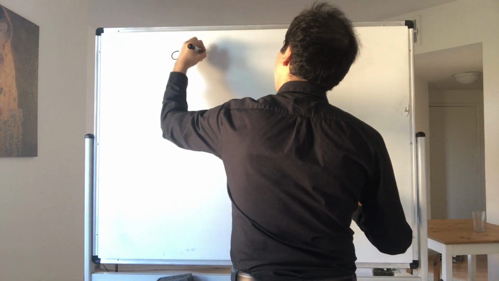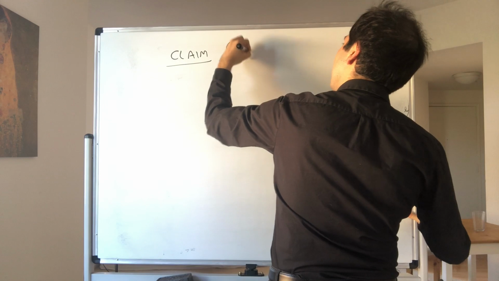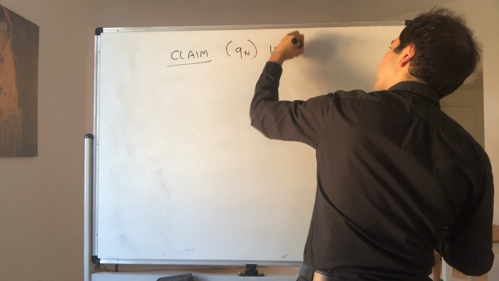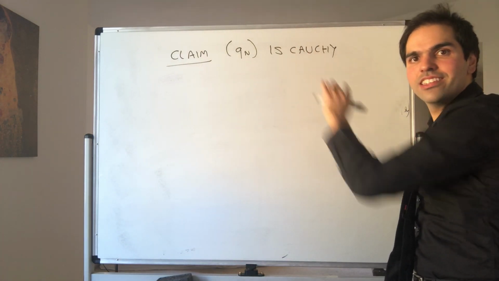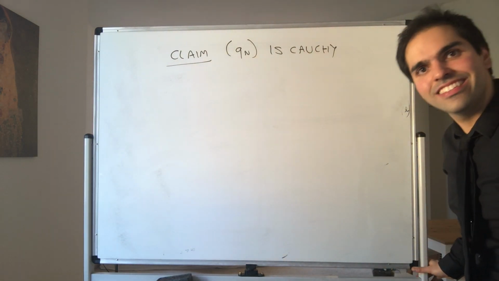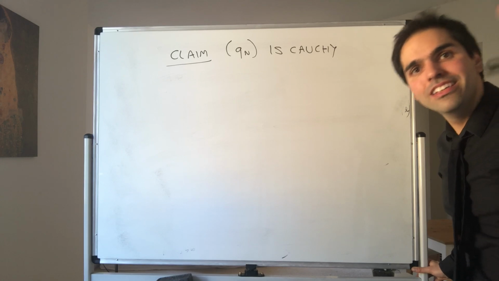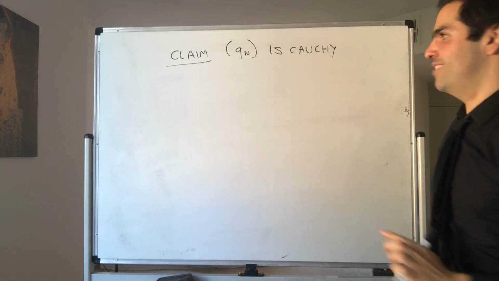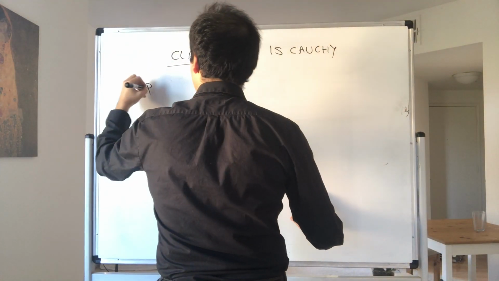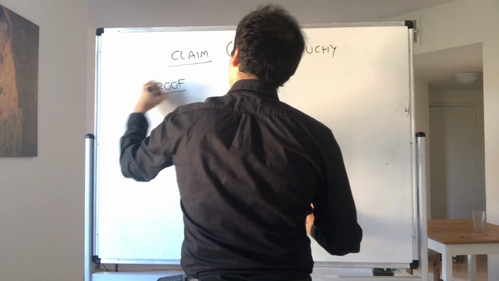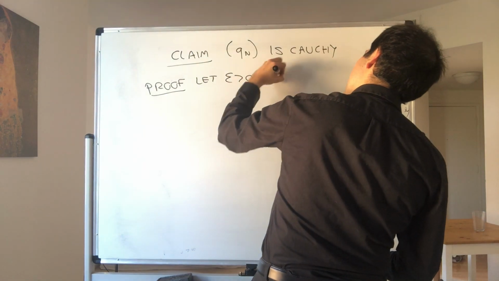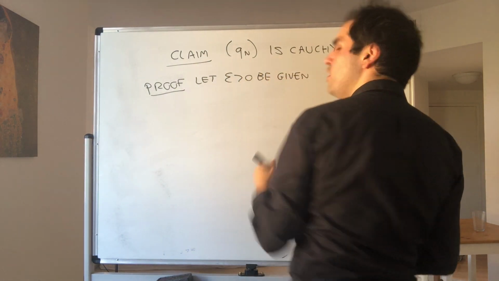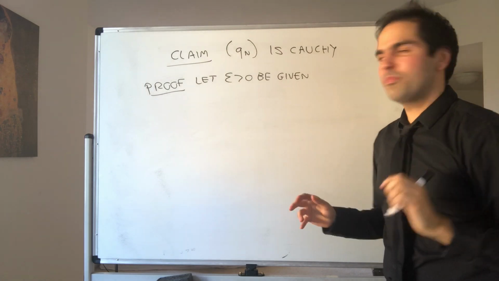Right. And now let's show the following. I'm claiming that Q_n, as just defined, is Cauchy. We really need this because once it's Cauchy, the equivalence class is in S prime, so then we have a good candidate for the limit. And here's a proof. Let epsilon be given. Now remember, we know that P_k is Cauchy just by assumption.